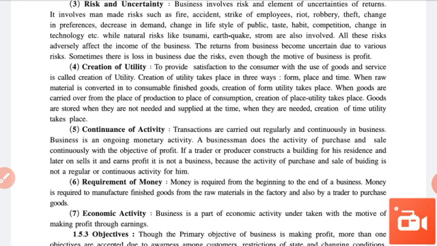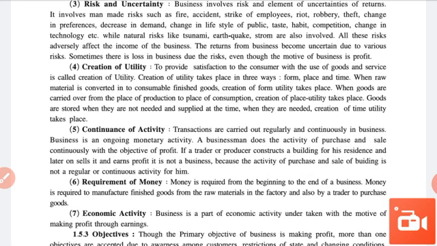If you provide satisfaction, then creation of utility takes place in three ways: form, place and time. Please underline: creation of utility in three ways, form, place and time.